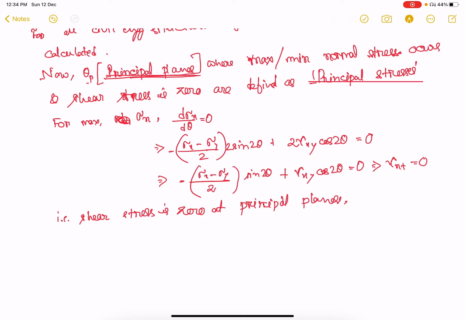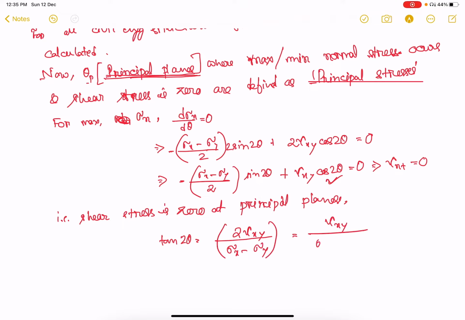Now tan 2θ: from this only, tan 2θ is nothing but taking this side common, we will get 2 tau xy divided by (sigma x minus sigma y).